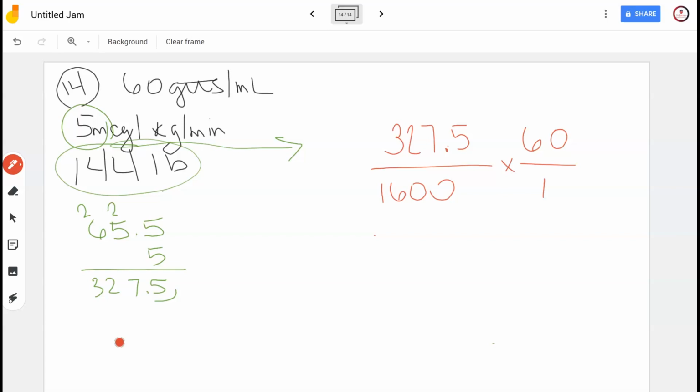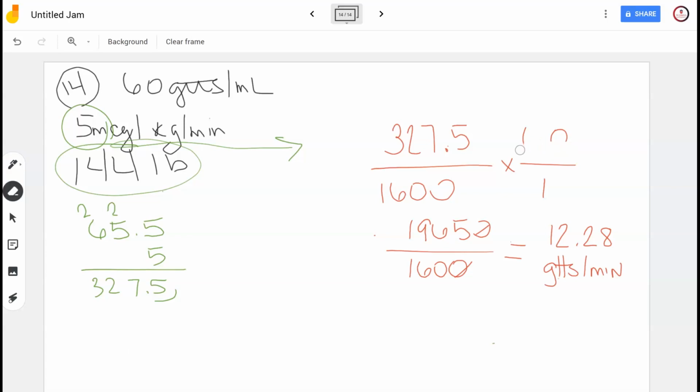So I'm not going to do the long math, totally going to cheat a little bit. So you have 19650 over 1600. You can make it a little smaller. And then divide, and your answer comes to 12.28 drops a minute. So they also wanted you to solve for if you were using 45 drop set tubing.